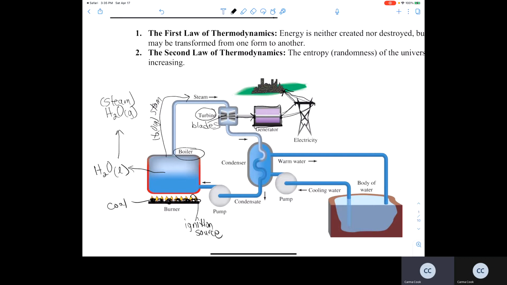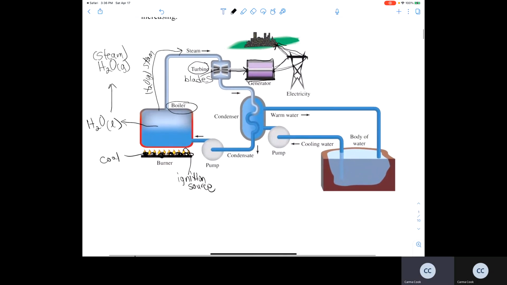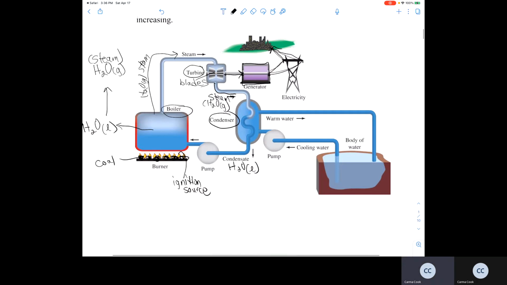So what happens to this steam that causes the turbine blades to move? Well, that steam is then sent to a condenser where the water vapor gets converted back to liquid, which we call a condensate.